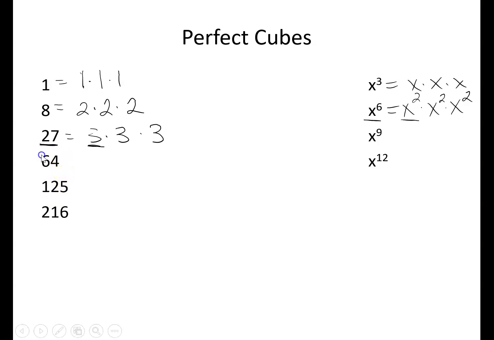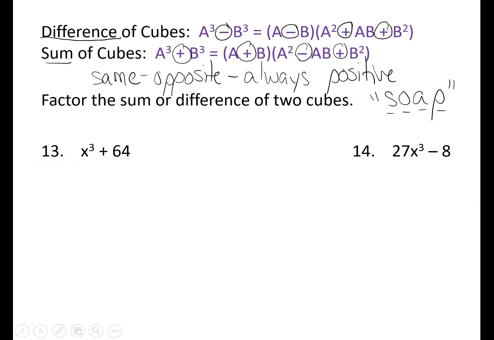Now, 64 is special because it is both a perfect square and a perfect cube. Because the x cubed is a perfect cube, that's why we're thinking of 64 as a perfect cube here and not a square. So we've got perfect cubes with an addition sign in between.